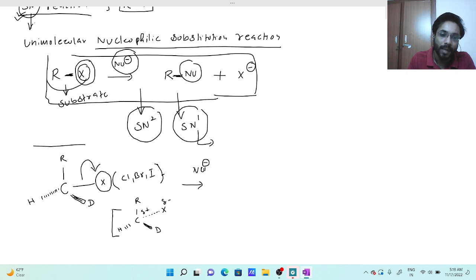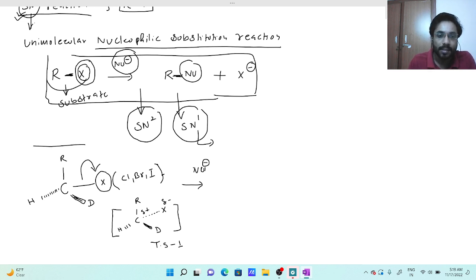This bond is breaking, so del positive charge will be accumulated over the carbon and del negative charge will be there on the halogen. Okay, fine. This is nothing but a transition state which I am representing by TS1. Okay, this is the first transition state. Definitely, if I am writing 1 here, transition state 2 will also come, right? So let us understand it very clearly. So this bond is cleaving, right?